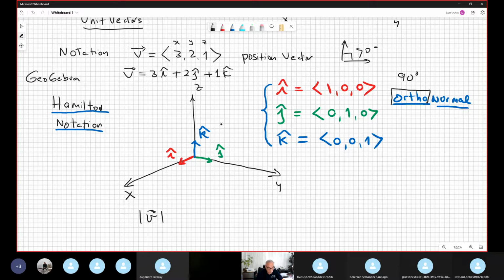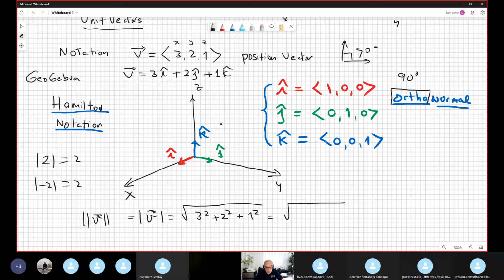Another book uses this notation, magnitude of B, using double bars. Either way, I prefer not necessarily the double bar, but I understand that this is not absolute value. So the absolute value of 2 is 2. The absolute value of negative 2 is 2 also, no? But this is the magnitude of the vector, it is a square root. Each component separately, you know, 3 squared plus 2 squared plus 1 squared.